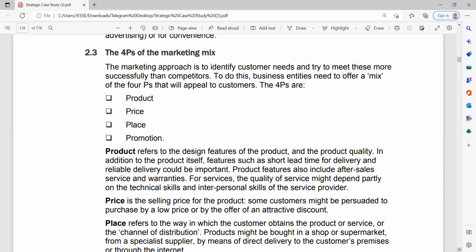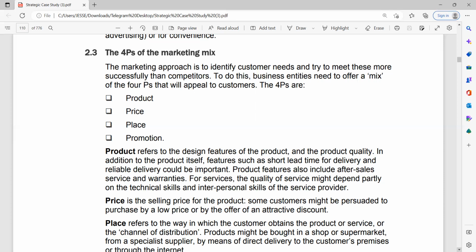The marketing mix is basically a model that has been set aside to understand the 4 pillars of marketing. Very important model to understand the 4 pillars of marketing.